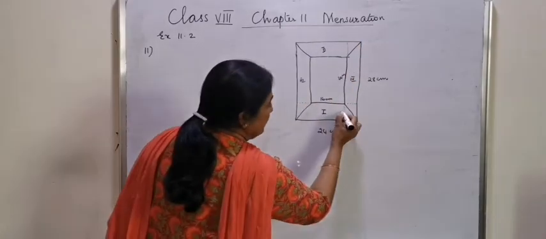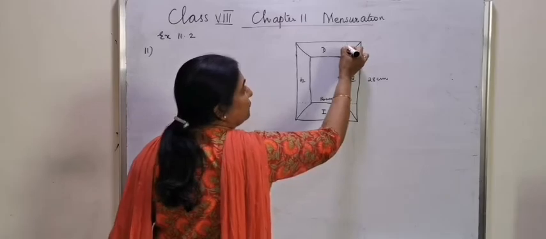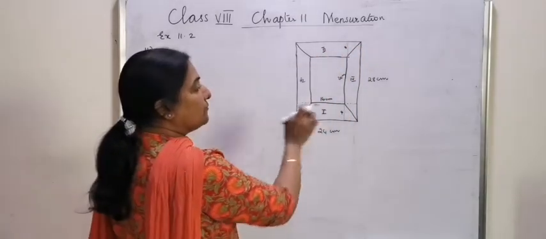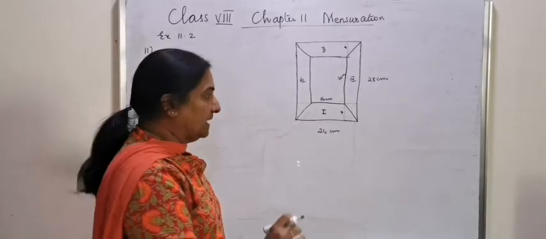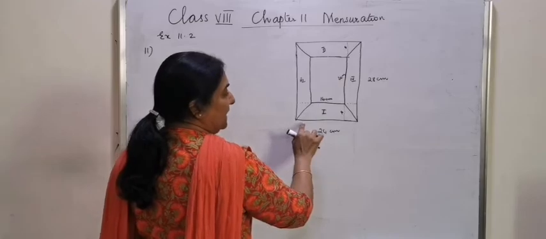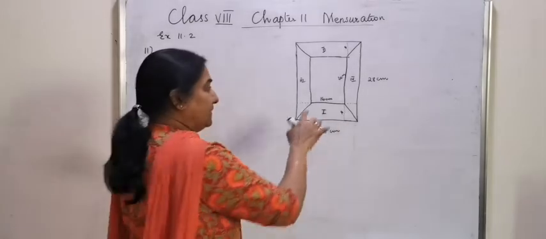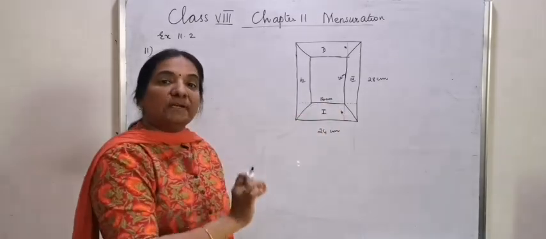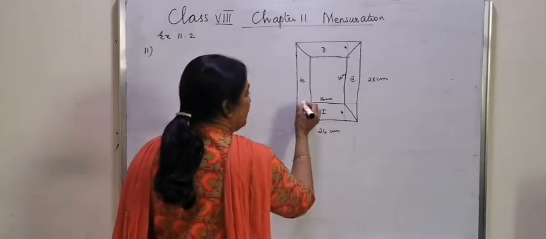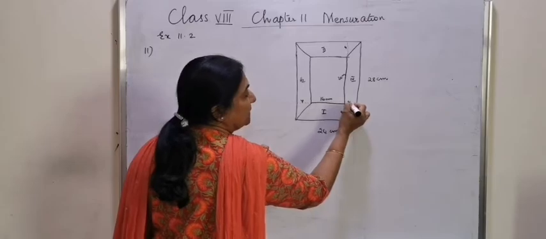That is, it has been divided as 4 and 4. So what is the height of the trapezium part? It is 4 centimeter. Similarly, for area of 3 and 4, the outer length is 24, inner length is 16. 24 minus 16 is again 8. The height is given as 4 and 4.